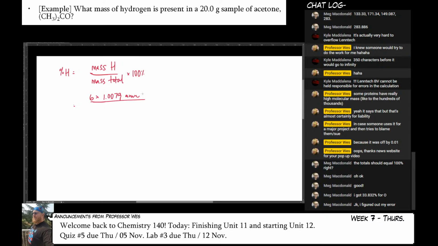And I've got to find the total mass, which is why we still have Lentech on our screen. 58.08 is what I got.